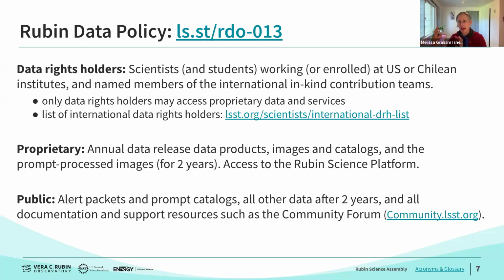Then on the public side, that's all of the alert packets and the contents of the prompt catalogs. All other data after 2 years become public, where public means that it can be shared with anyone, anywhere, worldwide. Anyone, anywhere, worldwide can use it, publish data on it, publish papers on it, that kind of thing. And all of our documentation and support resources, such as the community forum, are also completely publicly accessible.